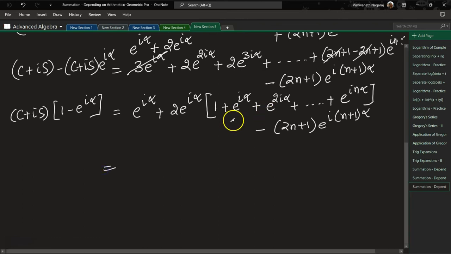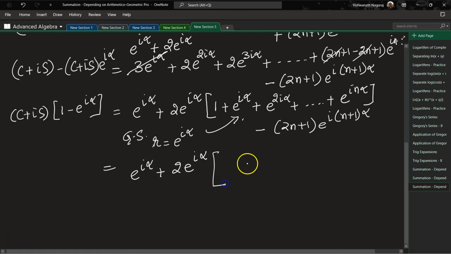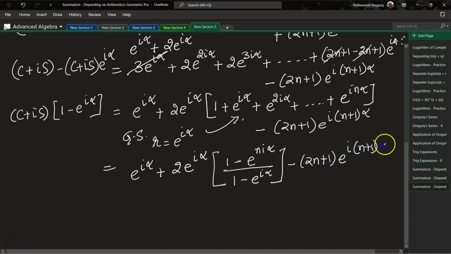Very obviously, this is a geometric series with a common ratio of e to the power of i alpha, right? We know how to do this. So e to the power of i alpha plus 2e to the power of i alpha times 1 minus e to the power of n i alpha divided by 1 minus e to the power of i alpha, minus 2n plus 1 e to the power of i times n plus 1 alpha.